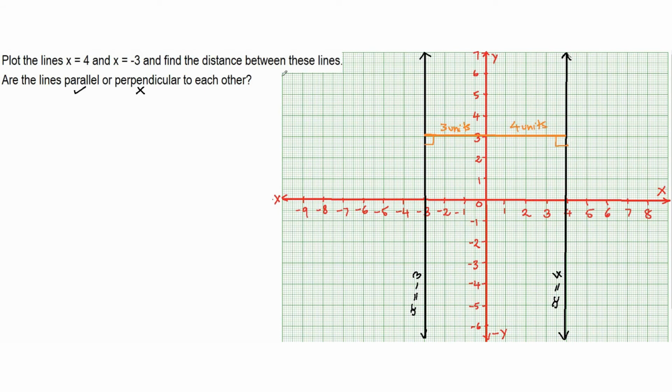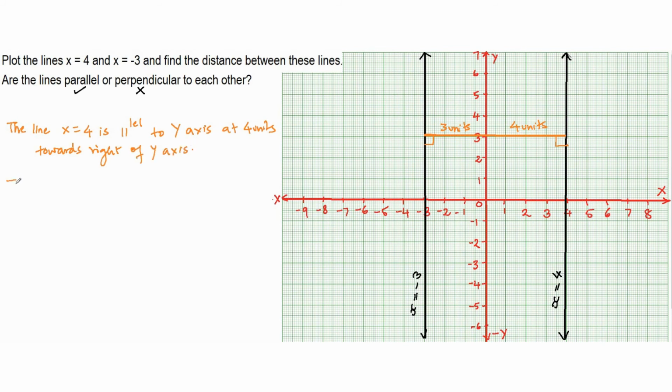And therefore the total distance between them is going to be 7 units. So I can say that the line x equals 4 is parallel to the y-axis at 4 units towards the right of the y-axis.